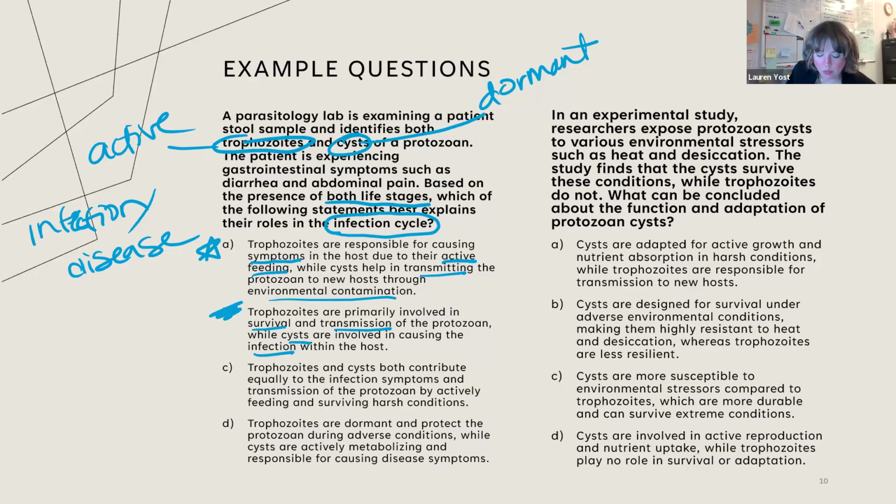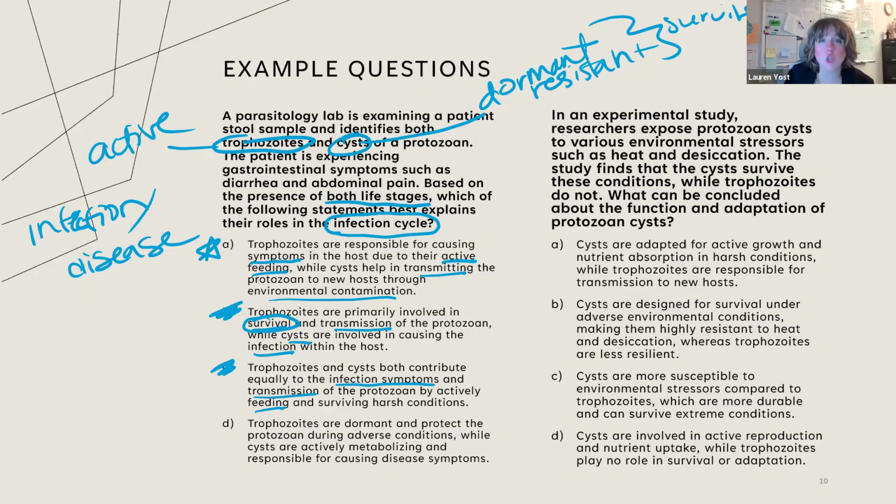All right. And also the survival form, the one that is hardy and resistant, they do that to survive. So that would be the cyst. So these choices are kind of mixed up on B. C: Trophozoites and cysts both contribute equally to infection, symptoms, and transmission of the protozoan by actively feeding and surviving harsh conditions. This is wrong. Do they equally contribute to the progression of the disease?